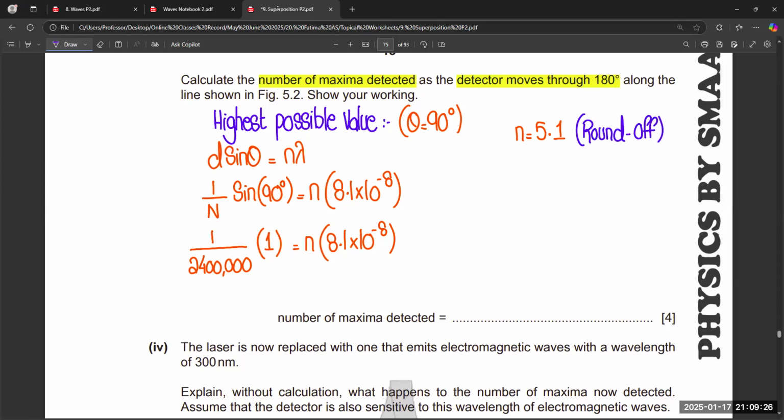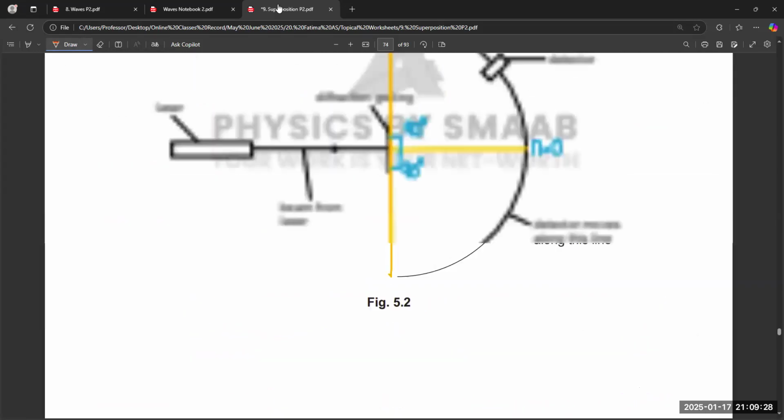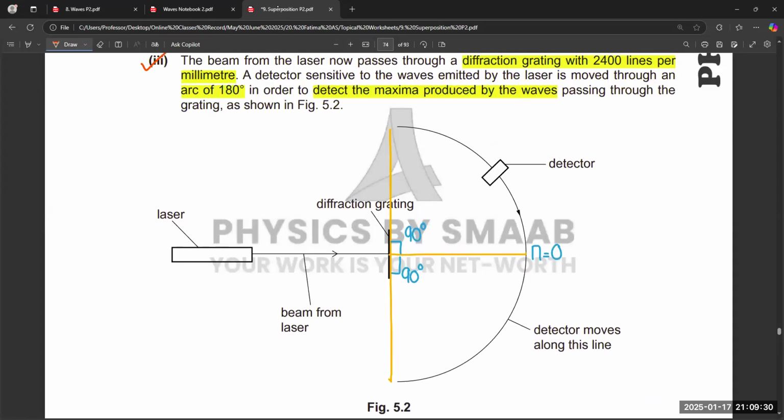We need to round it off. So starting from the middle, on each side we are getting 5 maximum orders till 90 degrees, like this.